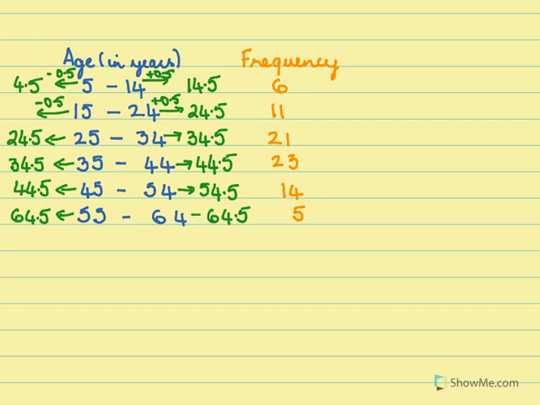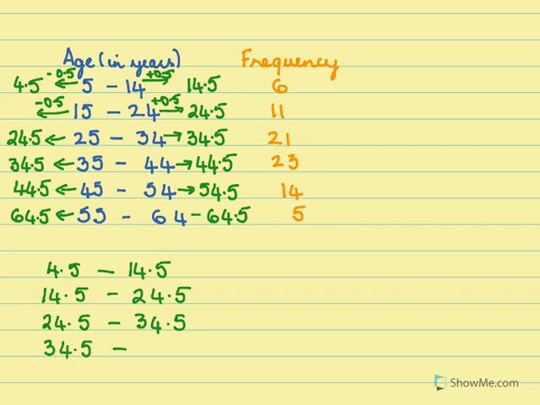Now we'll go ahead and write our new classes, and our new classes are 4.5 to 14.5. Then we have here 14.5 to 24.5, 24.5 to 34.5. Here the lower limits are repeated. So we have 34.5 to 44.5 and 44.5 to 54.5.